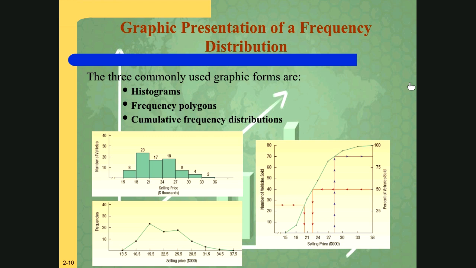Okay, so is that clear? As somebody pointed out, you never really see a cumulative frequency distribution. Very rarely do you ever see a frequency polygon.